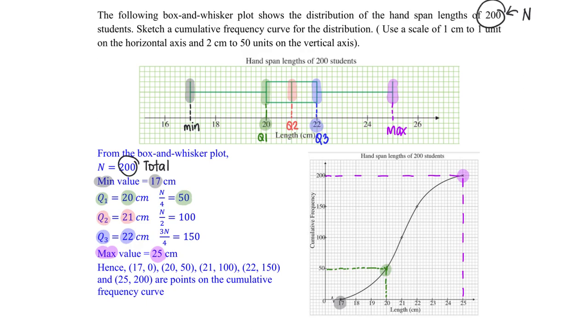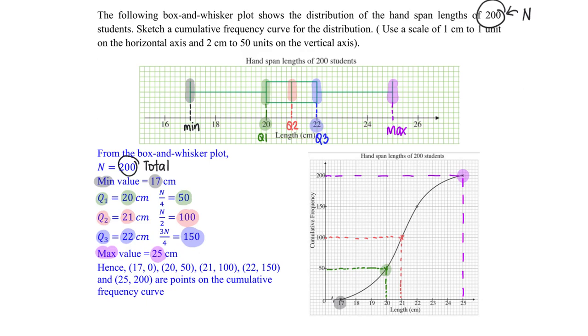Using the same idea, half of 200 will give me 100. So I'm going to plot this point where it corresponds to my 21. Replicating the same thing, 3/4 of 200 is 150.